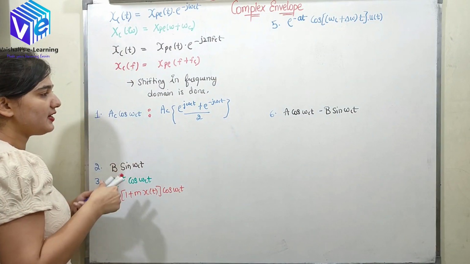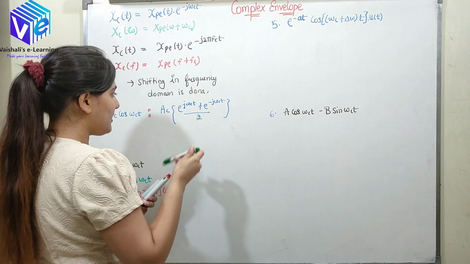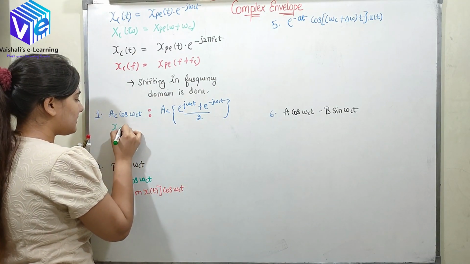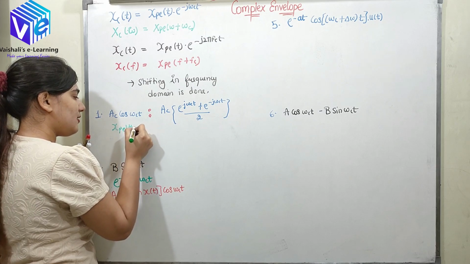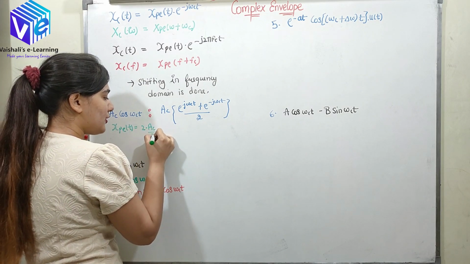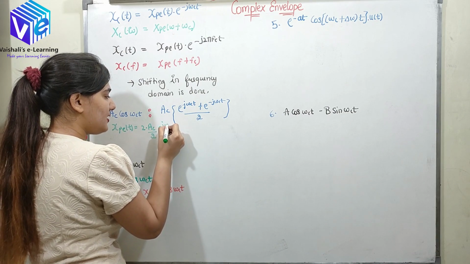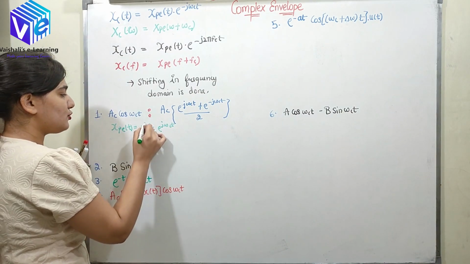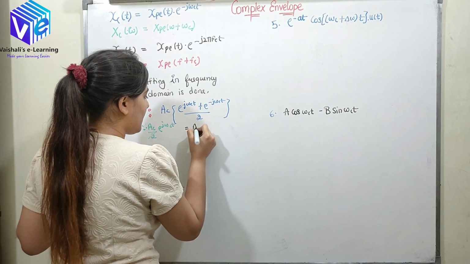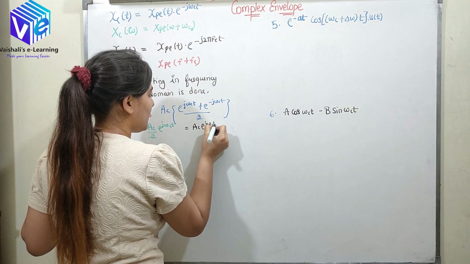What would be the pre-envelope? I'll reject the negative frequency and multiply the positive frequency by 2. So xp(t) would be equal to 2 into Ac upon 2 into e raised to power j omega c t. This 2 and this 2 will cancel out and I'll get Ac e raised to power j omega c t.